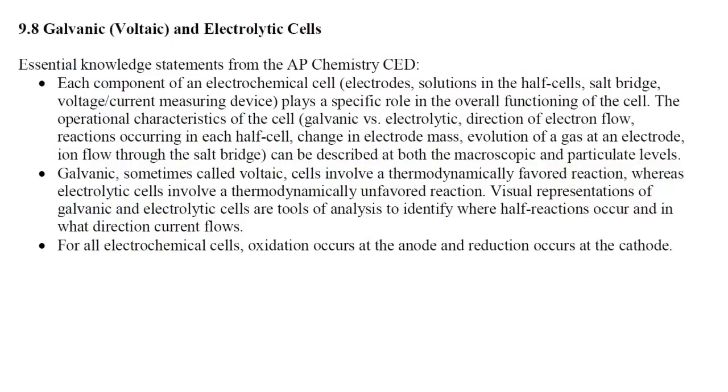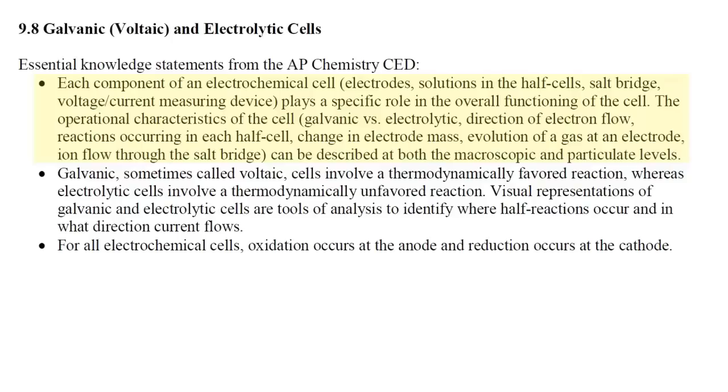Here are some essential knowledge statements from the AP Chemistry course and exam description. Each component of an electrochemical cell, electrodes, solutions in the half cells, salt bridge, voltage or current measuring device, plays a specific role in the overall functioning of the cell.